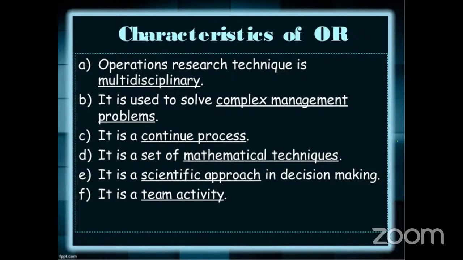That is the basic question in any business. Solving the problem means getting a high, huge profit with the limited resources. That is the basic question when we talk about business. To solve those problems, we can use this OR technique. Which technique is used for which thing, we are going to discuss further in our subject.